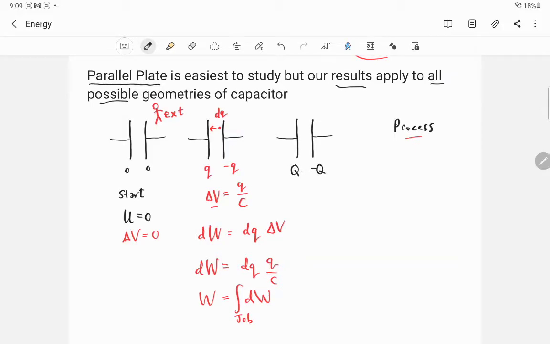And in order to accomplish this process, that external person needs to do the whole job of separating the charge, starting from no separation at all to some final separation, capital Q, where at each step of the process, they have to do a small amount of work, which is equal to dq, q over C.